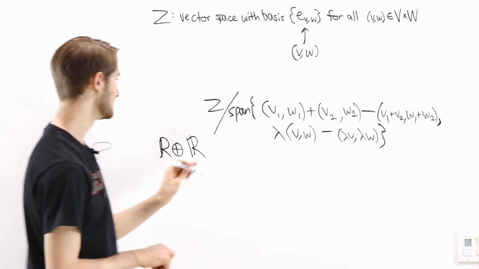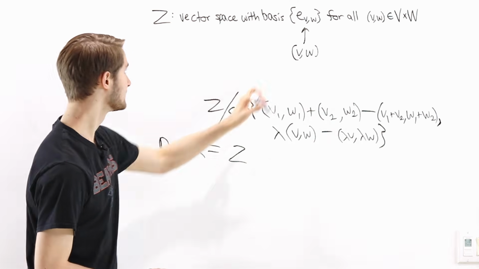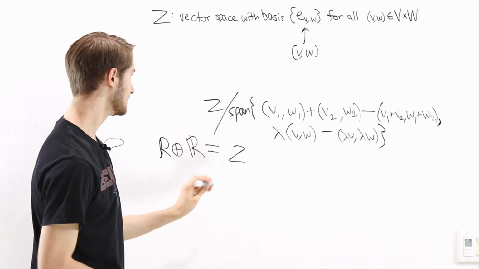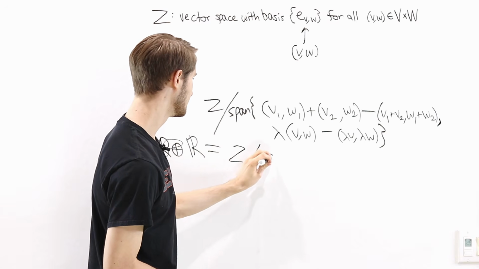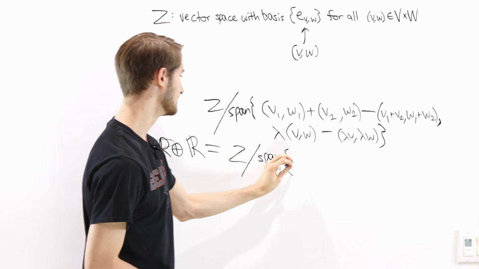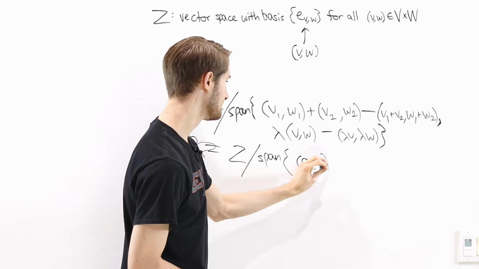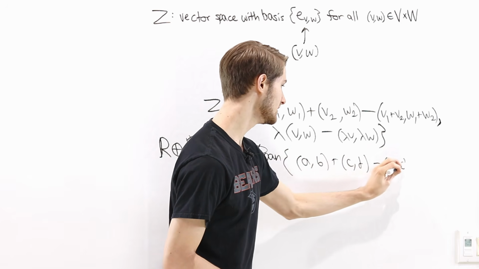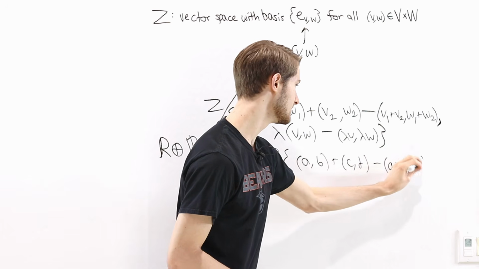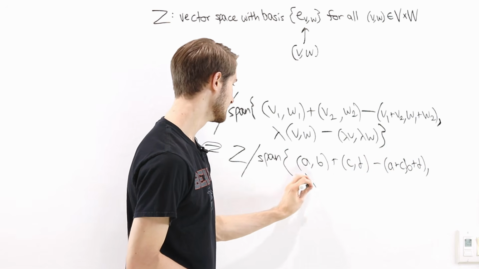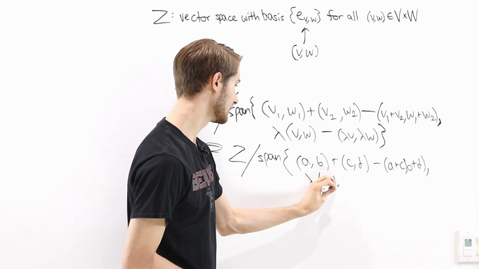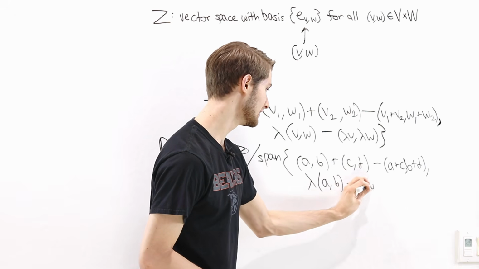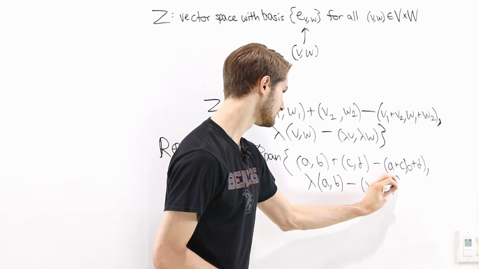So this is going to be Z, defined the way we did earlier, mod the span of some real numbers, let's say (a, b) + (c, d) - (a + c, b + d). And then the second vector is (lambda a, b) - (lambda a, lambda b).